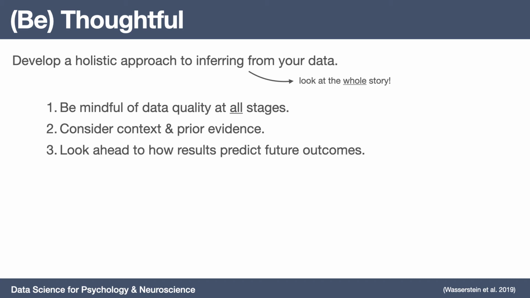You also want to look ahead to how results predict future outcomes. So you have an individual test statistic, you have an individual p-value, you have an individual regression coefficient, you have the confidence intervals. What does that necessarily mean?